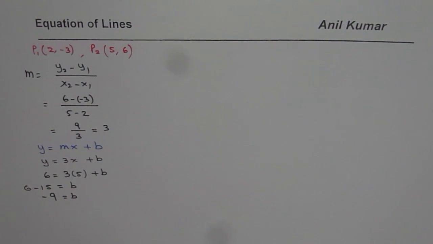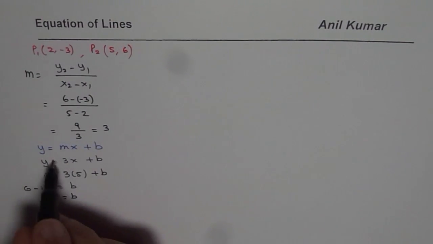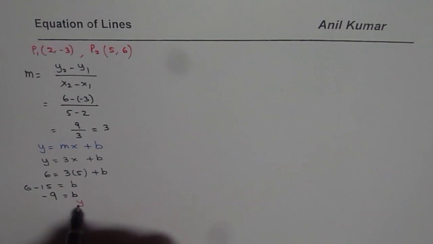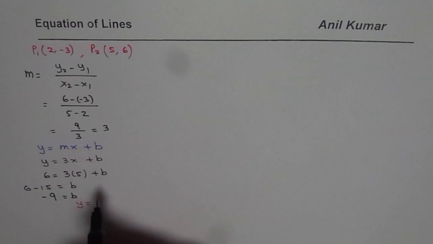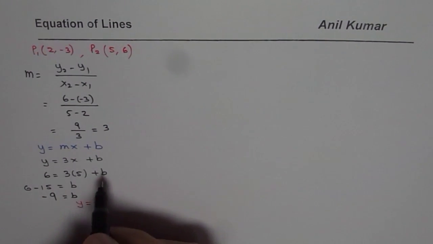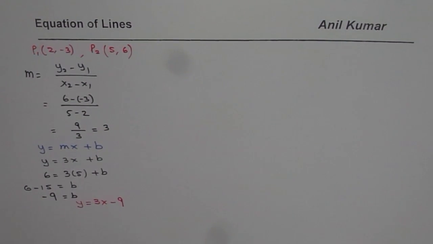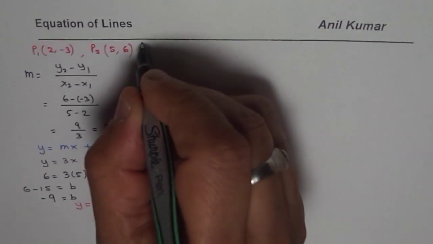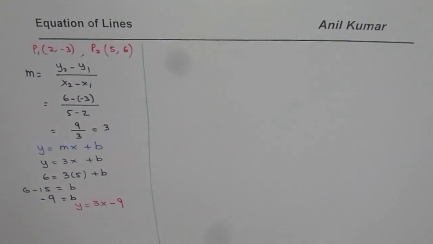So once you find b, you can write down the equation, correct? So let me write down the answer as y equals to, slope is 3, so in this case 3x, and y-intercept of minus 9. So that gives you the equation of the line. So that is how you can find equation of a line if you are given 2 points.